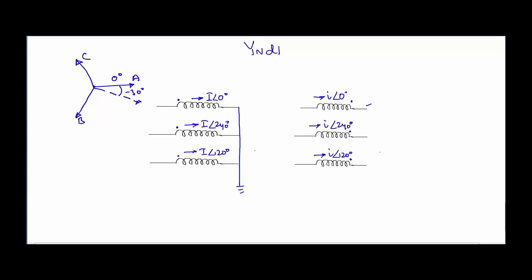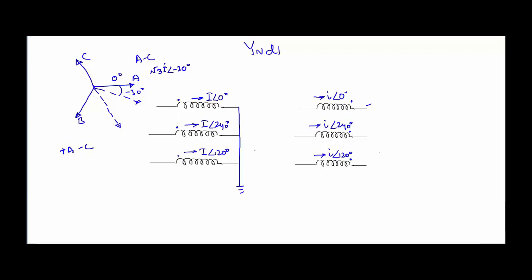In order to get a resultant of minus 30 degrees, we take minus of C. So if it is A minus C, the resultant will be root 3 times I at an angle of minus 30 degrees. Actually it will be small i at this point. So we have a connection of plus of A and minus of C.